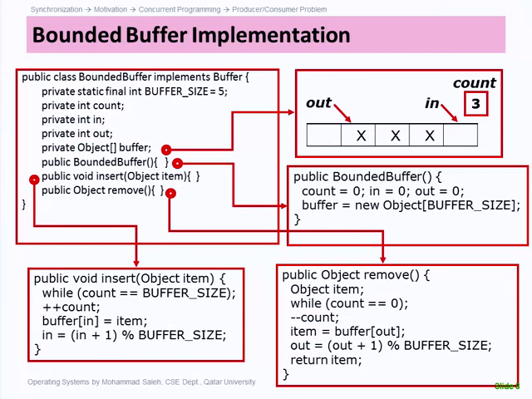Excellent. Now let's look again at this code. In particular, let's look at the busy wait. Busy wait, we said, within the time slice given to the producer calling insert, if the buffer is full, then the producer will be consuming that time slice, hoping the condition will change, but it will not.